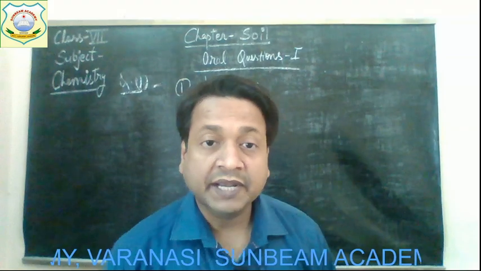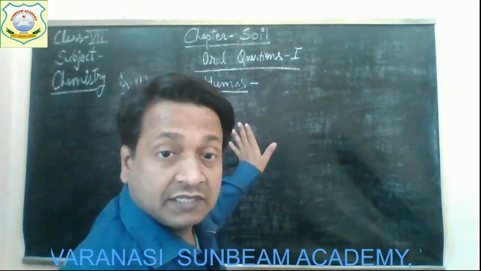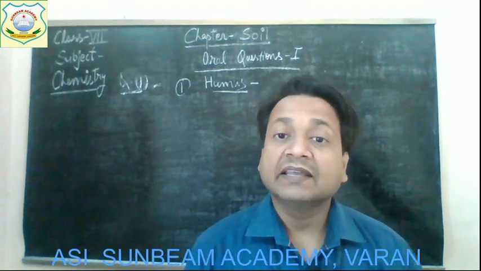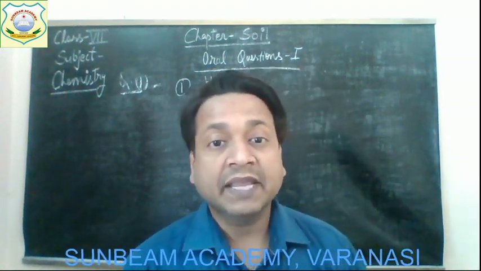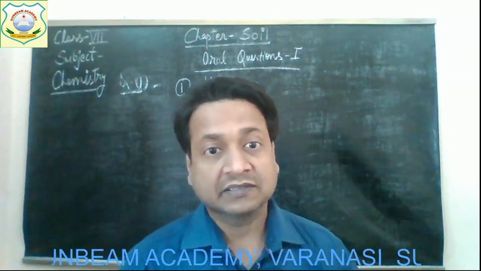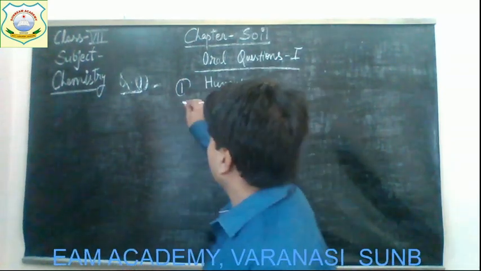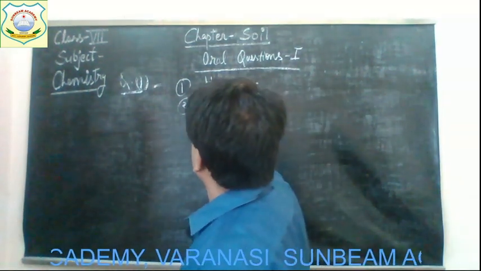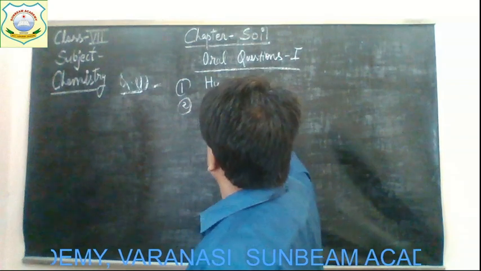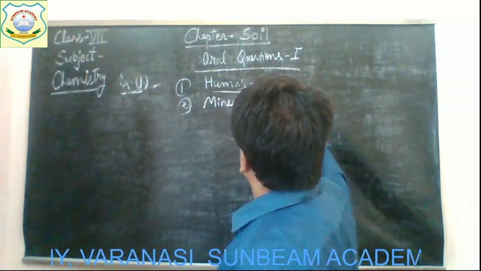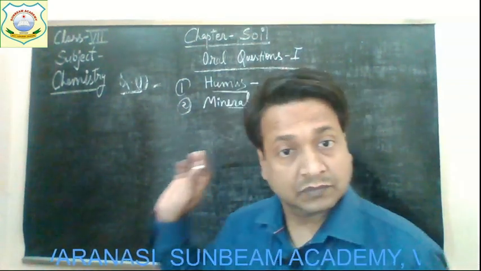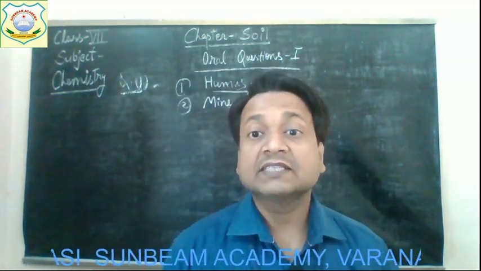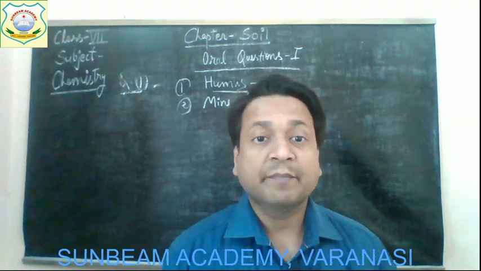The first component is humus. Humus is the dark brown colored component of the soil and is produced by dead remains of living things. And the second component is mineral particles. Mineral particles include minerals such as potassium, calcium and magnesium.